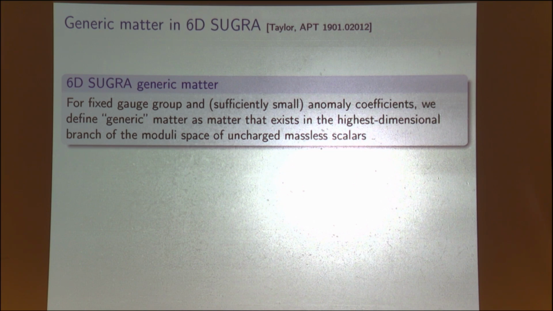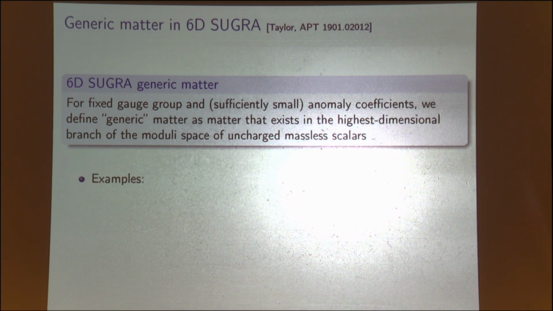I'm fixing a gauge group because, as I said before, there are these generic non-Higgsable gauge groups. And so we want to choose a gauge group ahead of time, so we're separately answering the question of what matter is generic, given a choice of gauge group, distinct from the question of what gauge groups are generic.